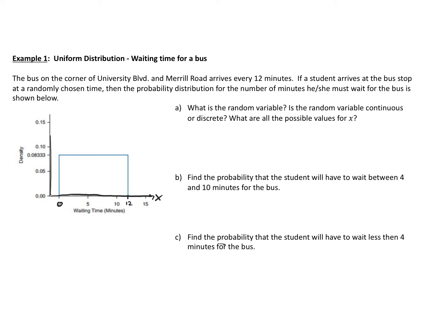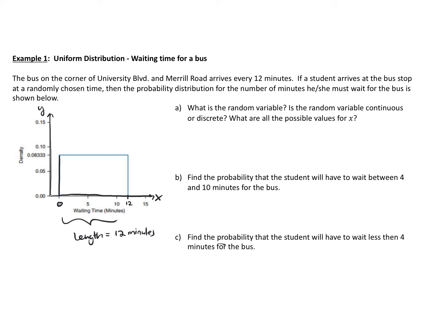Now on the y-axis here, you'll see that we've got the density function, which represents the probability of having to wait anywhere between 0 and 12 minutes for the bus. Now hopefully you will agree with me that the length of this rectangle is 12 units or 12 minutes. Now let's talk about how we determine the height of this rectangle.